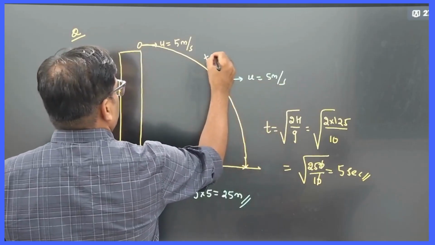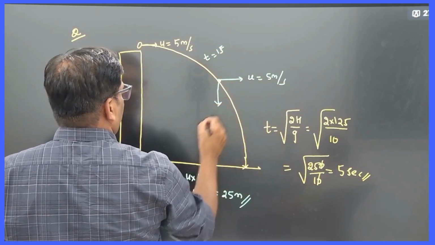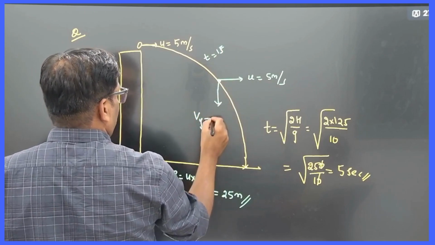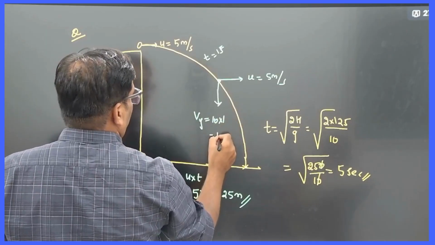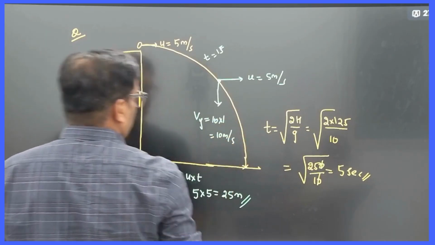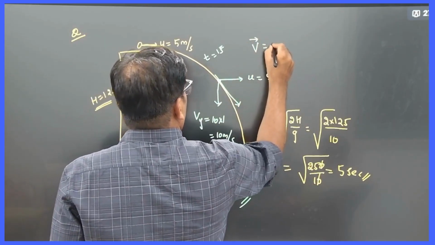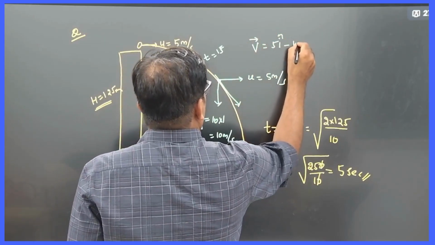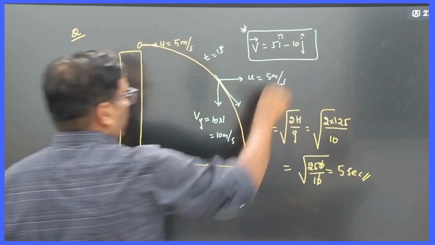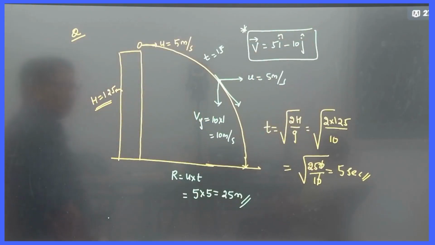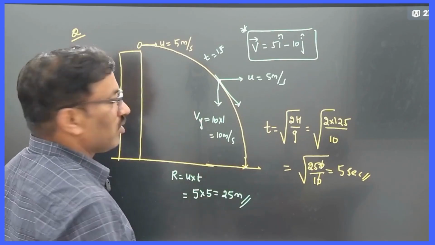After a certain time, suppose t is equal to 1 second, if they ask what will be Vy, Vy is gt, g is 10 into t is 1, therefore 10 meters per second. Then you can write the velocity at this point: V is equal to 5 i minus 10 j cap. Even if you want to calculate the speed, you just take the magnitude and you get your answer. You can calculate position vector, angle, whatever they ask.